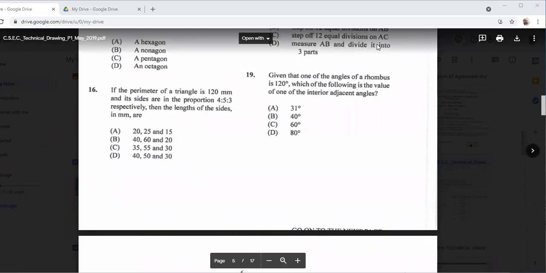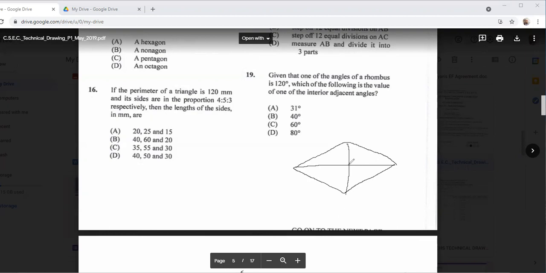So let me explain this. We have one side like this, one side going like that, one side here, one side there. This is a rhombus, right?